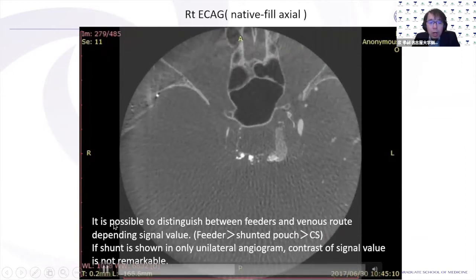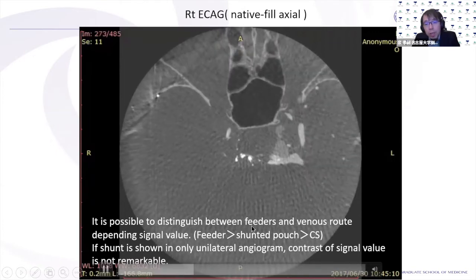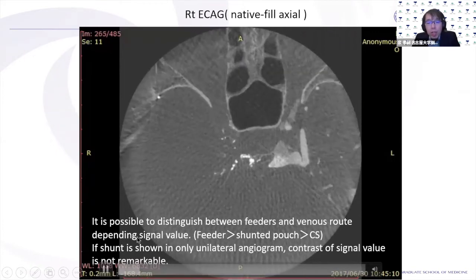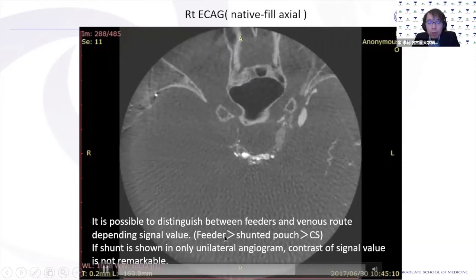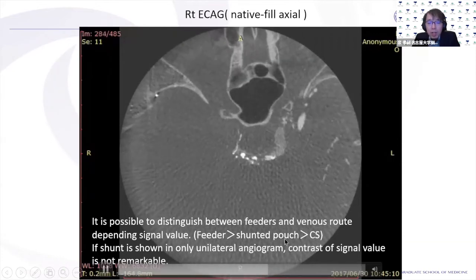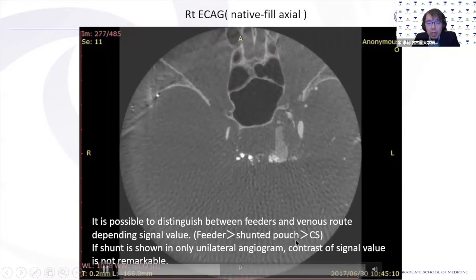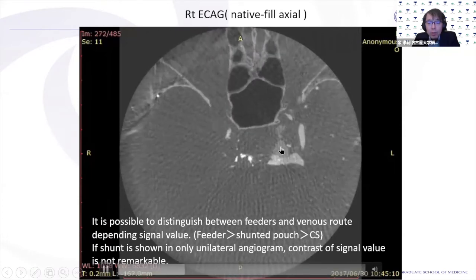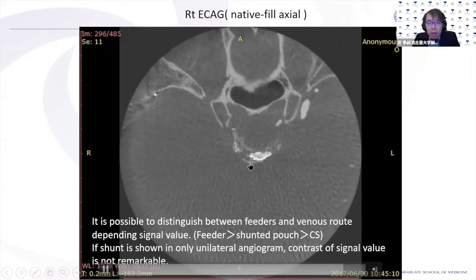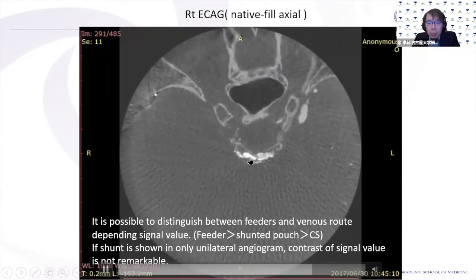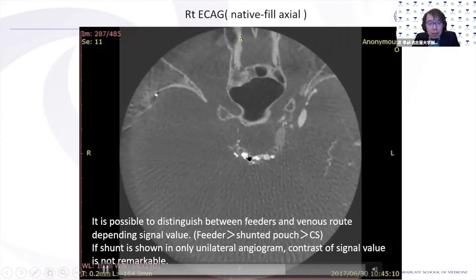It is possible to distinguish between feeders and venous route depending on signal value. Feeders have the highest signal, then the shunted pouch, and then the cavernous sinus. We can see the cavernous sinus is a relatively lower signal, and artery and shunted pouch are very much higher.